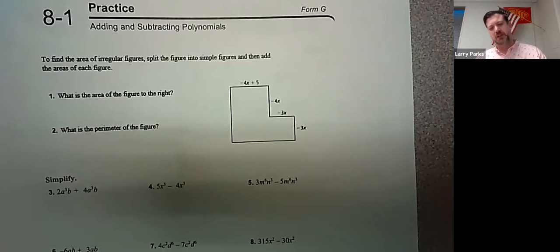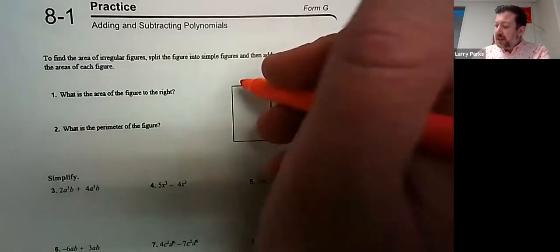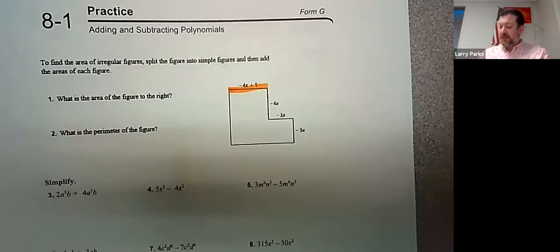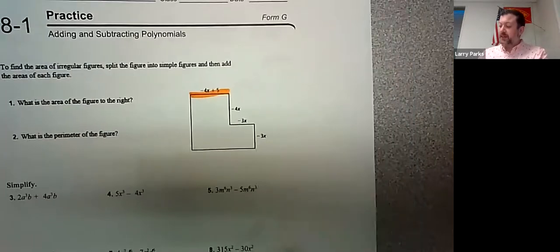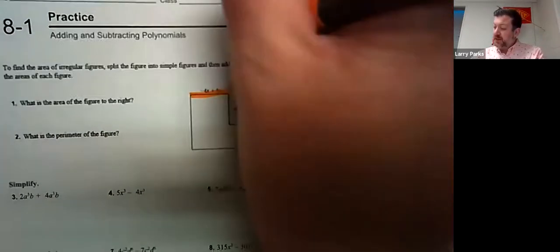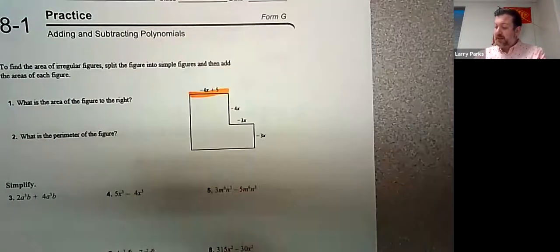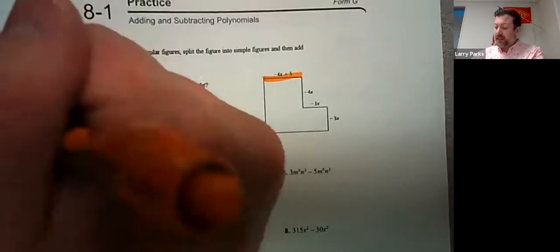So, trying to think on this one. Okay. If I'm doing the perimeter, I would say negative 4x plus 5. So I'm going to write that down. I really don't have much room here. I guess I could do it here.